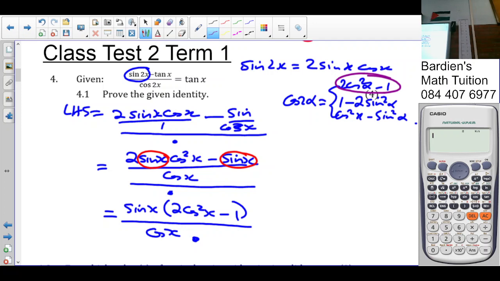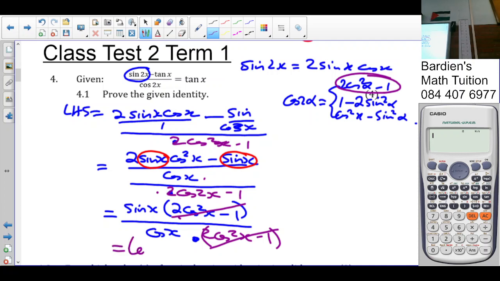You can cancel this here. So now just writing 2 cos squared x minus 1 over 2 cos squared x minus 1. Remember, I'm dividing those two so I can multiply it. So that cancels that. Not so. So what are we left with? Sine over cos, which is equal to tan x, which is equal to the right hand side.